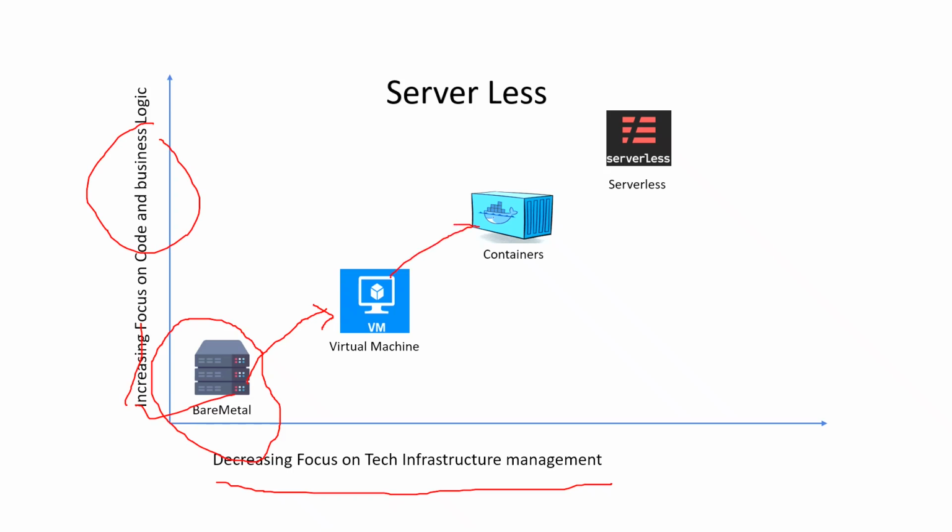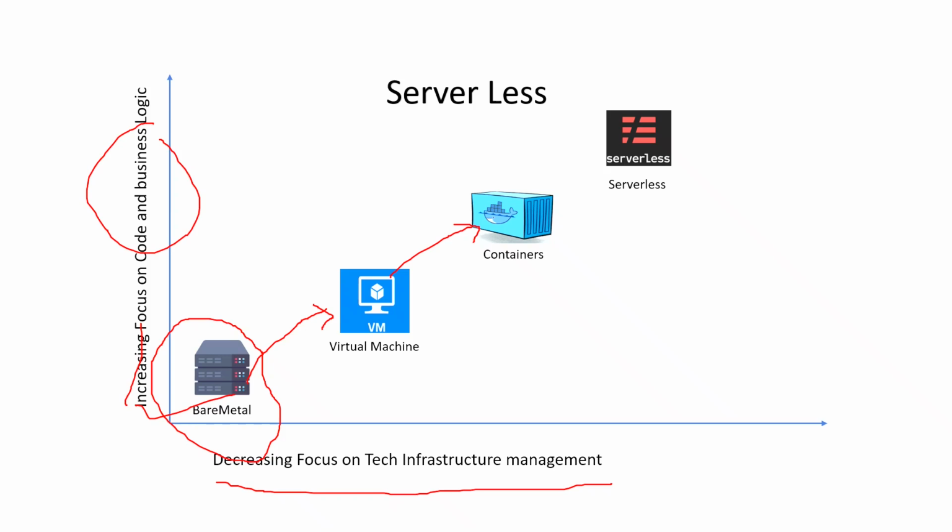Then next comes the container environment, right? Containers, you must have heard about Docker and Kubernetes. So here, when you ship your code, you also ship all the dependencies and runtimes in the container. All dependencies remain in one place, so it's much easier, but you still have to optimize your containers and manage them, right?